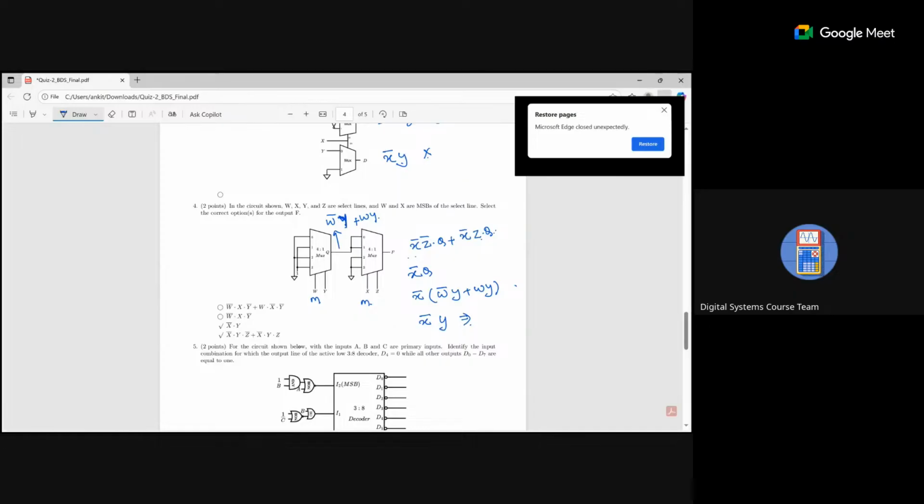And if I am not eliminating this Z, then X bar Y, Z plus Z bar, that means X bar Y Z plus X bar Y Z bar is also a correct option.